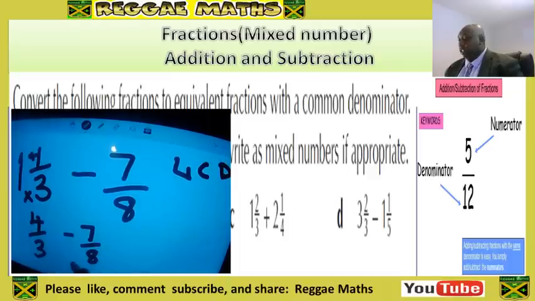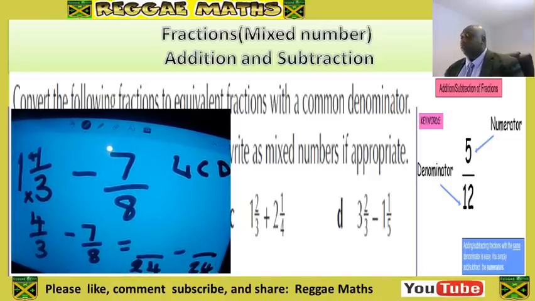So the lowest common denominator of 3 and 8 is 24. My advice is go back and look at the previous video where we add and take away fractions. The golden rule here: the denominator, which is the bottom number, needs to be the same.